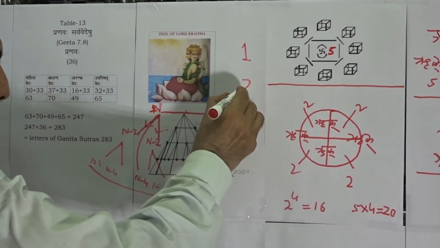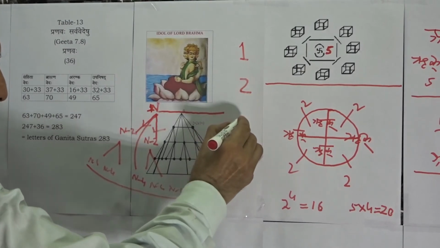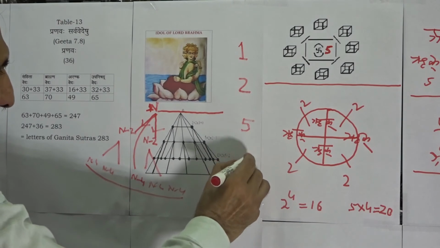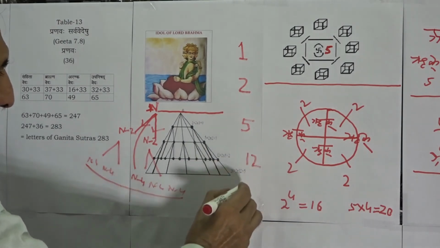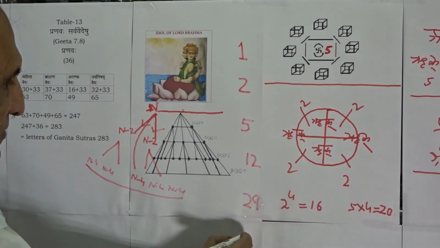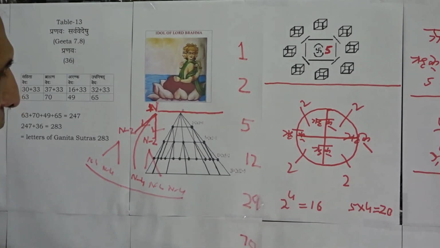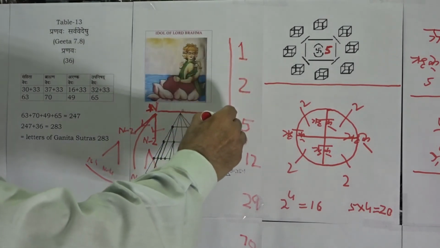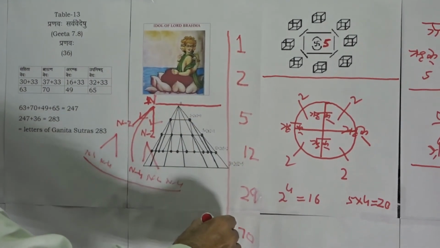At the next stage, it is of value 2. The next stage, it is of value 5. And at the next stage, it comes to value 12. And then it becomes a value 29. And the next step, it becomes a value 17. Now, these are the values which are sequentially happening as a split phenomenon.